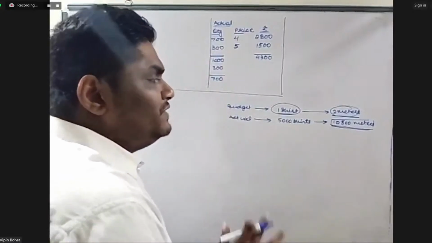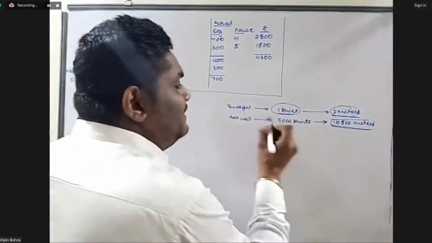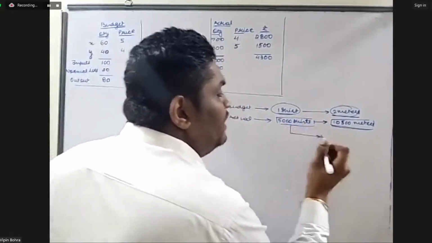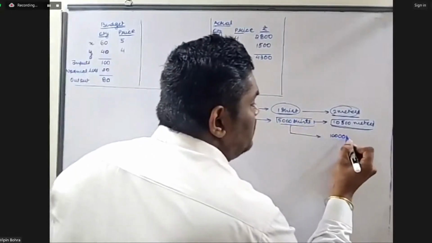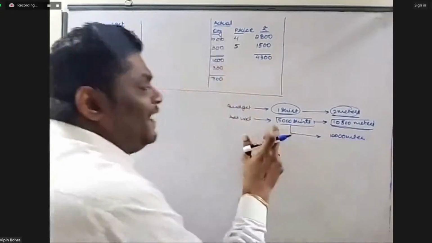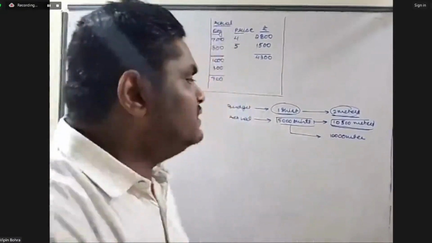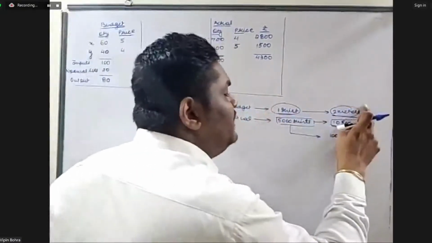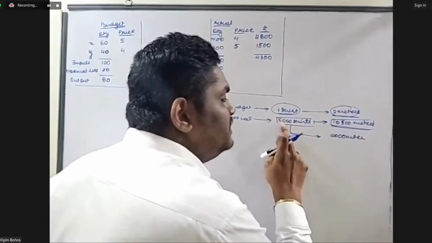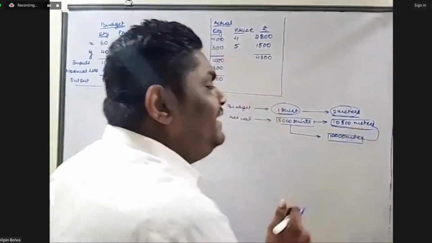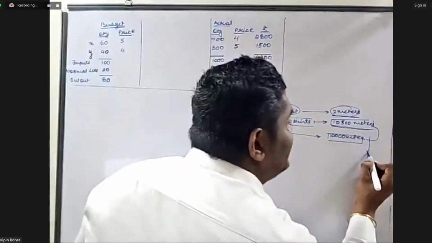So in a better way, we can say that for 5,000 shirts, we should have actually consumed 10,000 meters, because one shirt requires 2 meters. But how much quantity did I actually consume? 10,500.